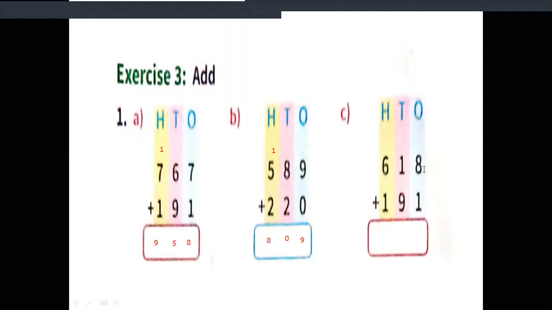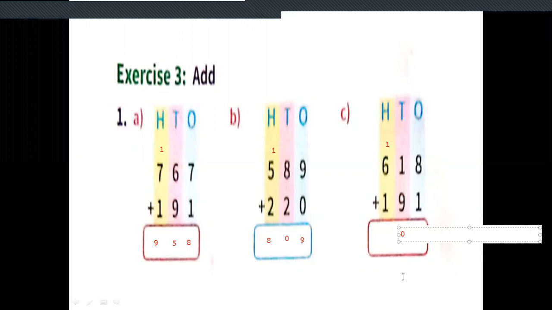Next, ones place we have to add. Always remember ones place first we have to add, then tens place, then only hundreds place. 8 plus 1 is equal to 9. Then 1 plus 9 equal to 10 tens. In 10 tens, 1 is 100 and 0 is tens.